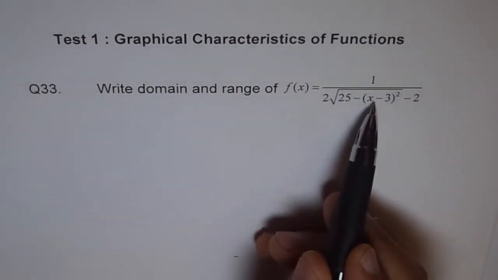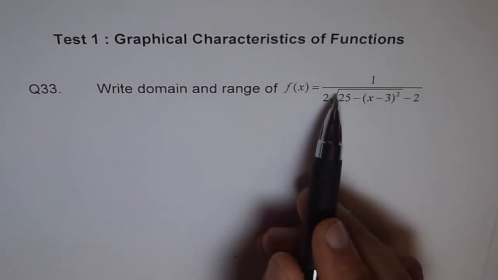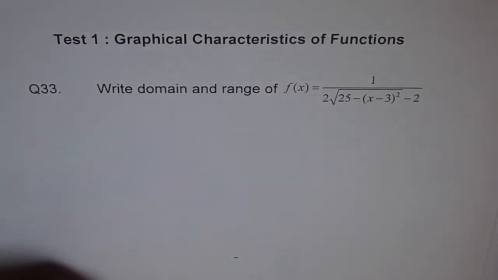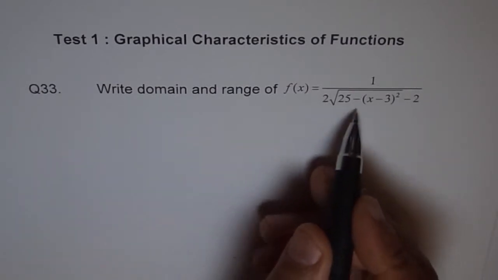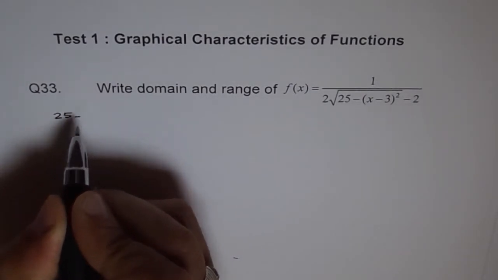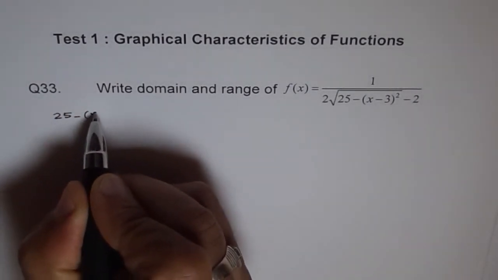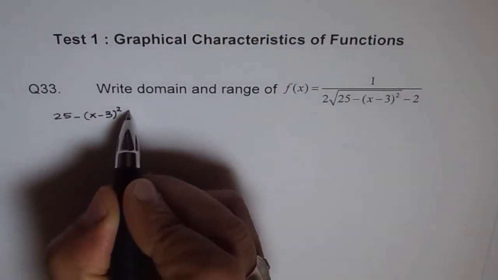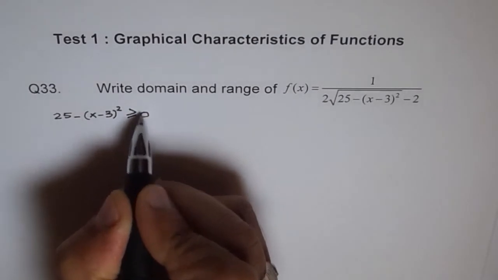25 minus (x minus 3) whole squared, under the square root. Within the square root, this should not be negative, correct? So this has to be greater than or equal to 0. Perfect? So we'll solve for that first. We say 25 minus (x minus 3) squared should be greater than or equal to 0, correct?